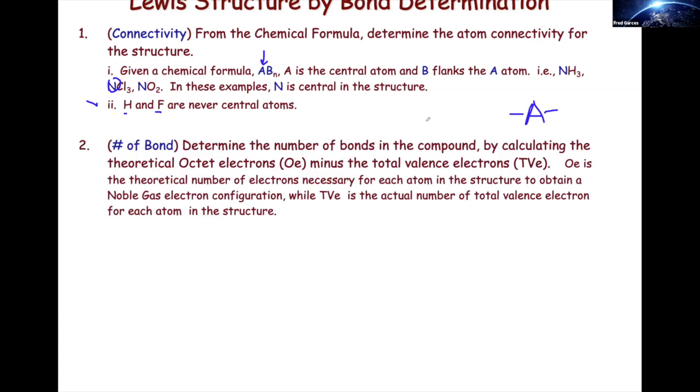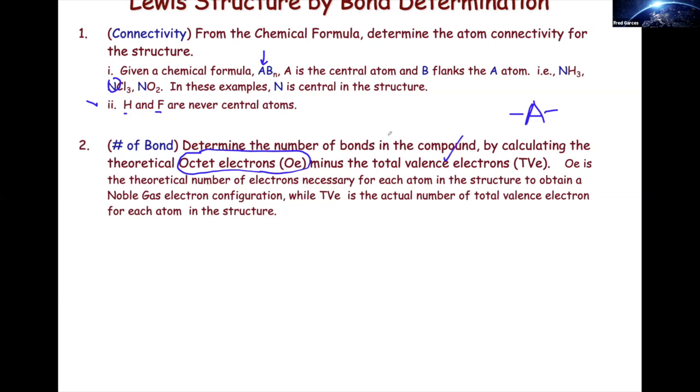Then, once you have the connectivity, you need to figure out how many bonds. The way you do that is you work out how many theoretical electrons are required so that each atom has an octet and hydrogen has a duet, and then you also count the total valence electrons.